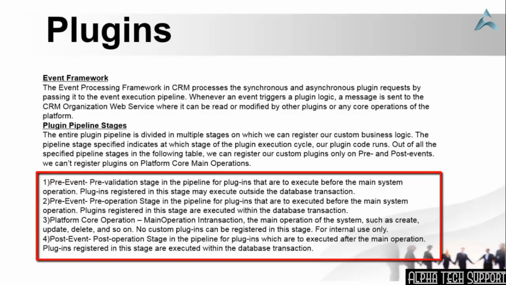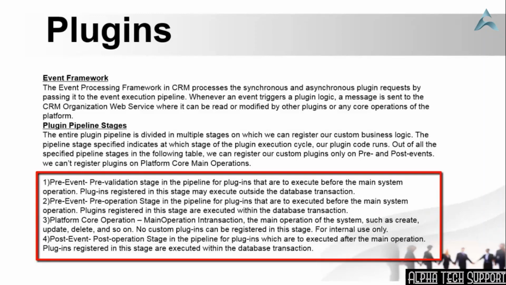And the last is post-event, post-operation. So whenever we create our own custom plugins, we can register those plugins only at the pre-event, pre-validation or pre-event, pre-operation stage. So these are the plugin pipeline stages we have to consider.